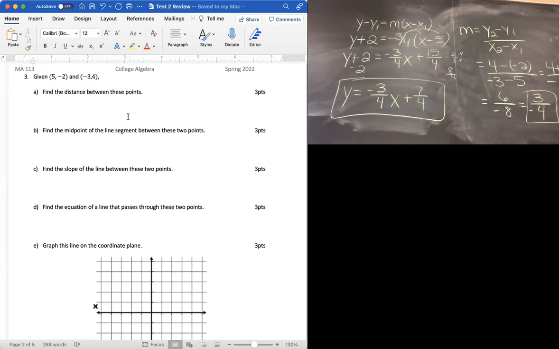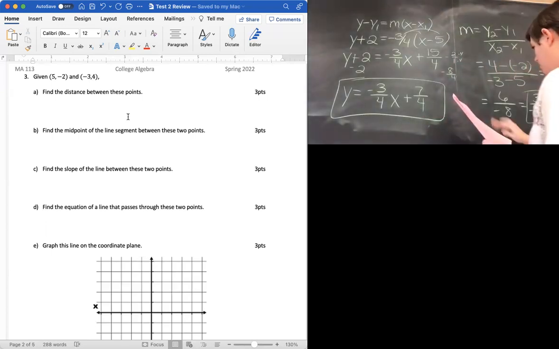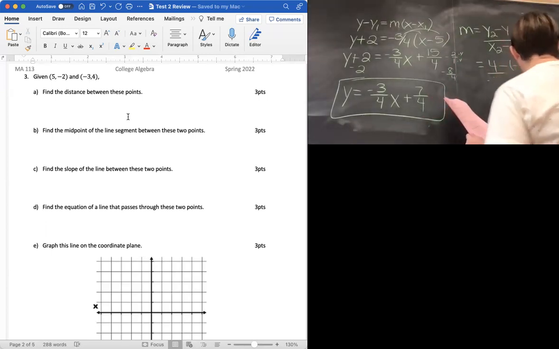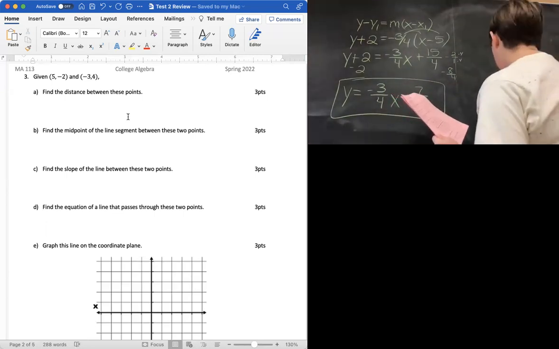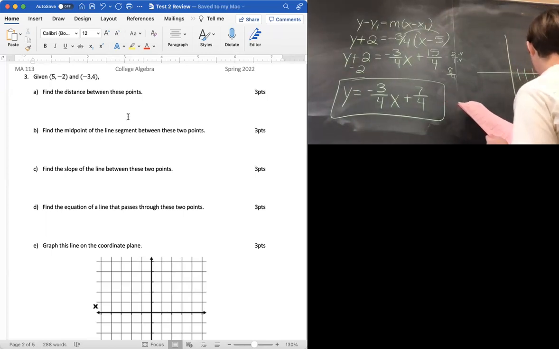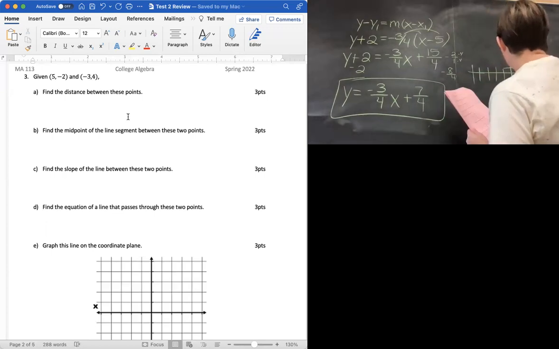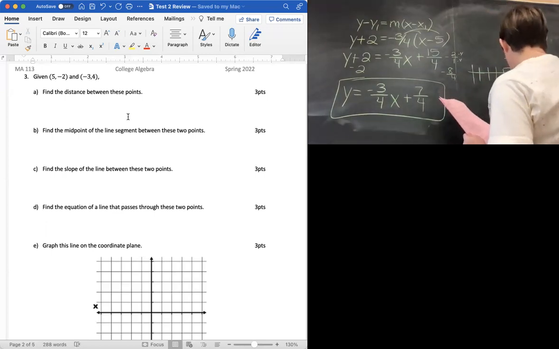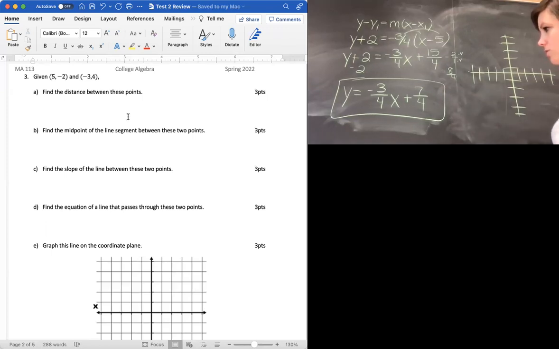So, part E says I need to graph. You can do this a lot of different ways.